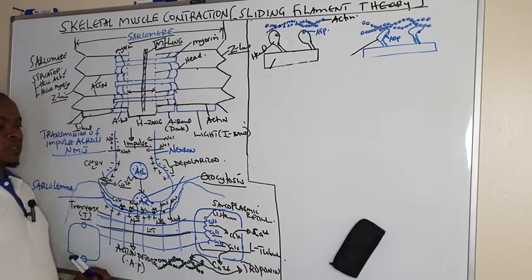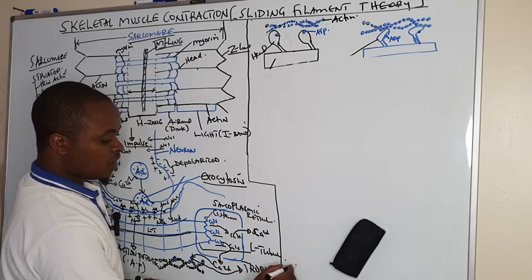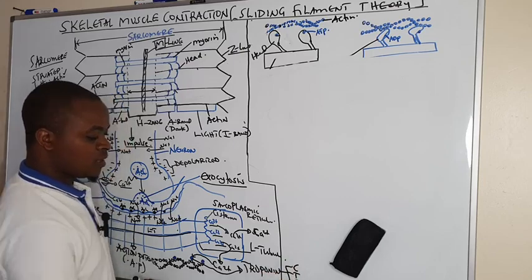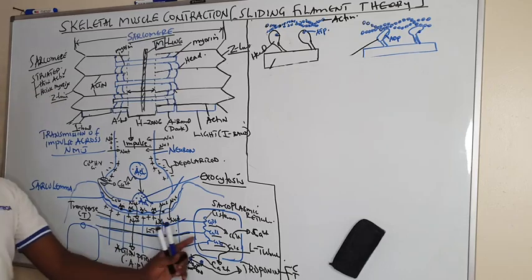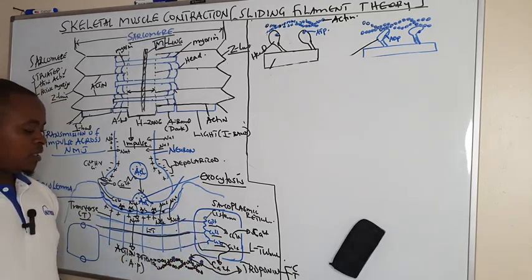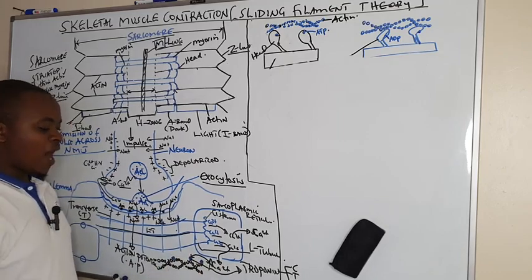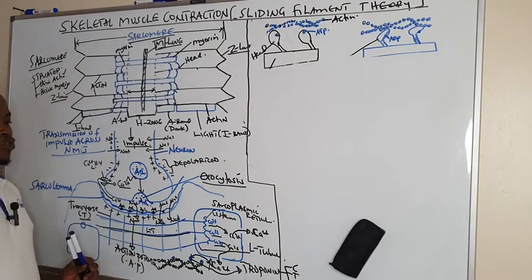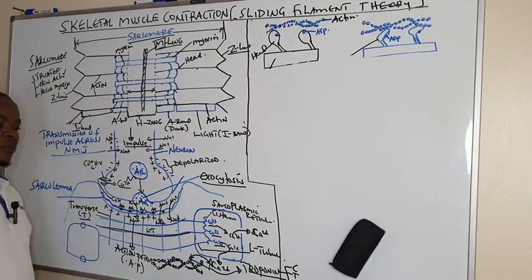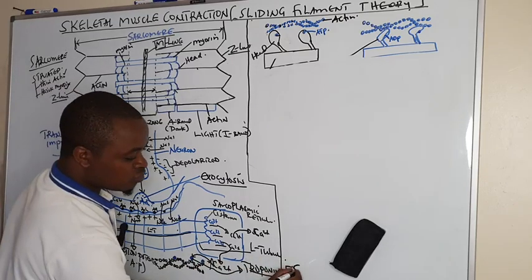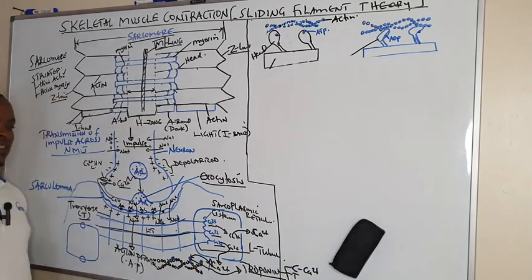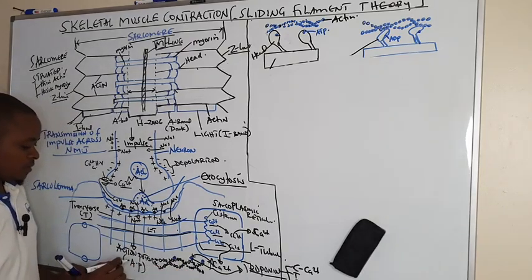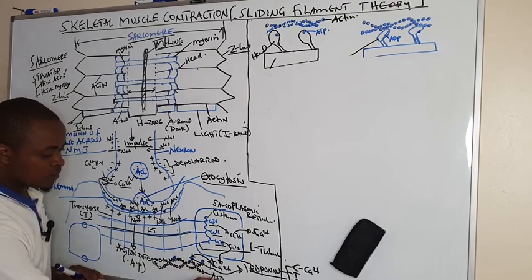Troponin is composed of three different subunits: troponin C, troponin T, and troponin I. So when calcium is released into the membrane, the high concentration of calcium is going to bind with the troponin protein, especially at troponin C. And remember, troponin is on the actin. This is the actin filament.